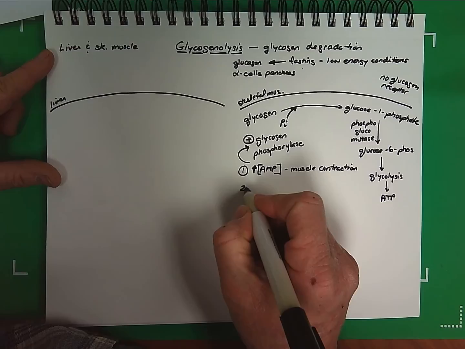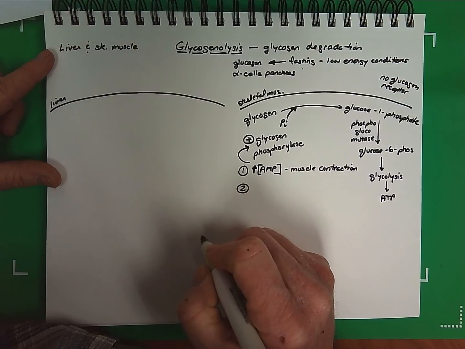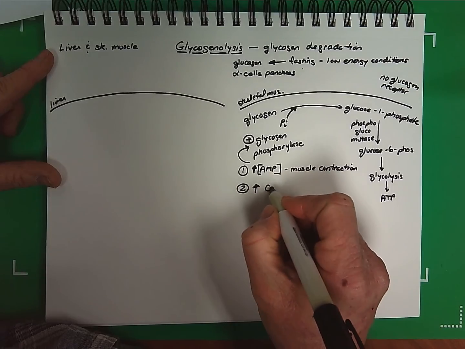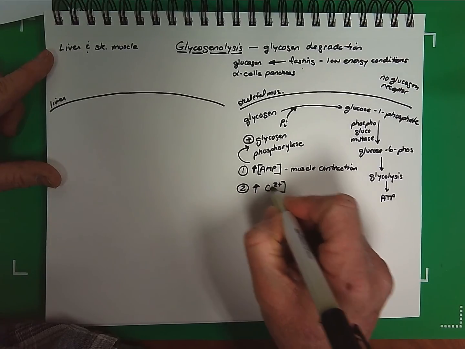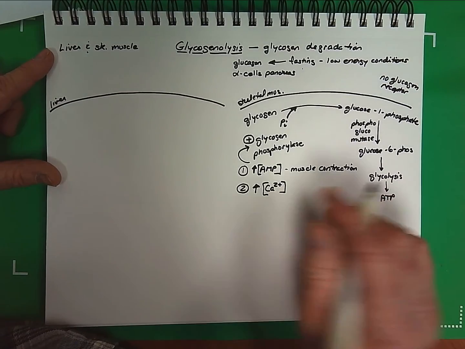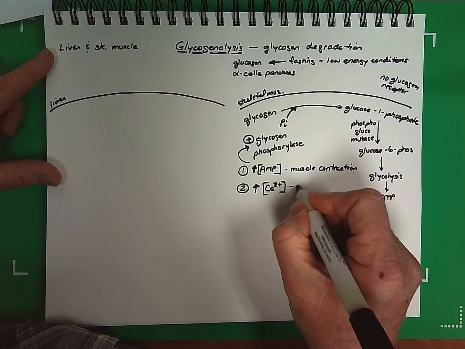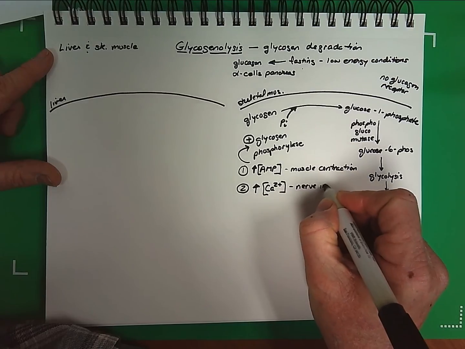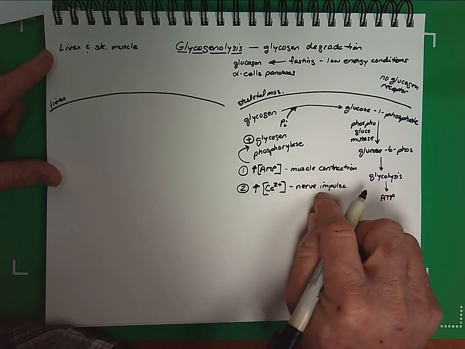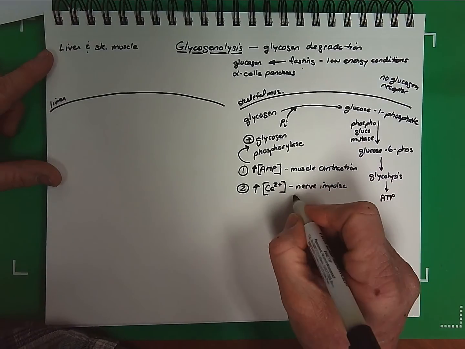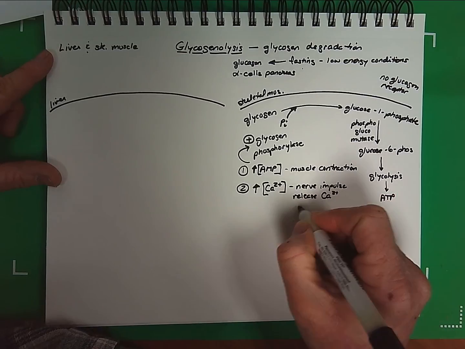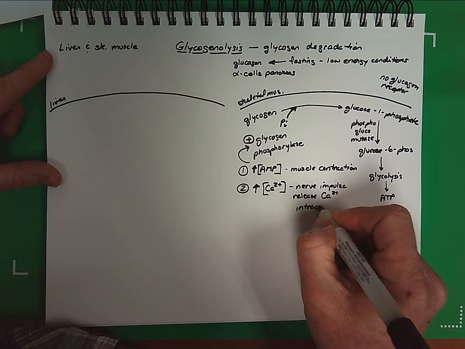The second level of regulation is increasing concentrations of the divalent cation calcium. Now, where does calcium come from? Recall the nerve impulse that generates muscle contraction is going to be releasing calcium from intracellular stores.